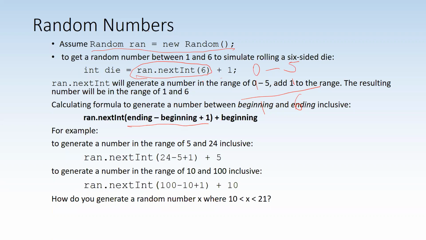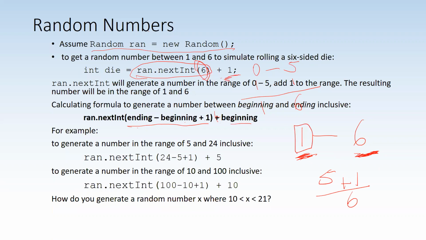So if you have a range, you say, I want to generate a value from 1 to 6. Then this is the beginning of the range. This is the ending number for the range. What you do is ending minus beginning plus 1, plus beginning. So ending minus beginning gives you 5, plus 1 gives you 6, right? That is your seed value. That's this. Plus the beginning, which is 1.